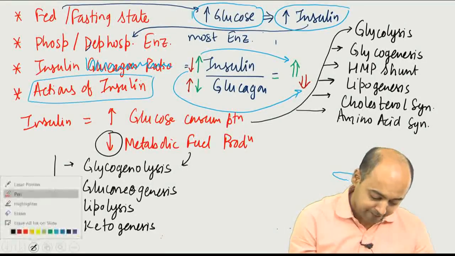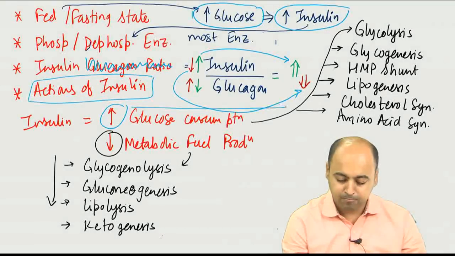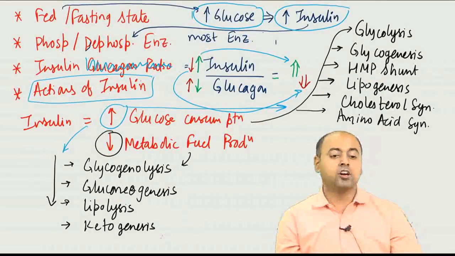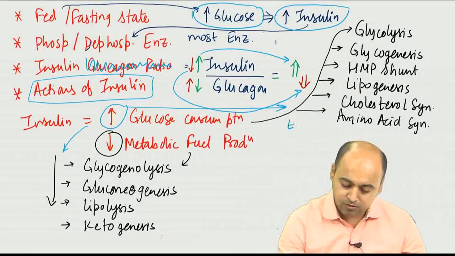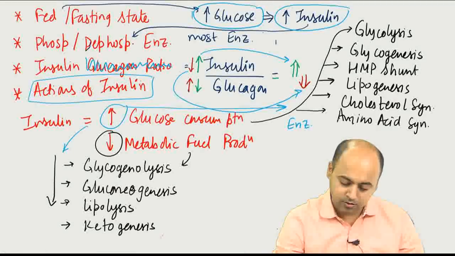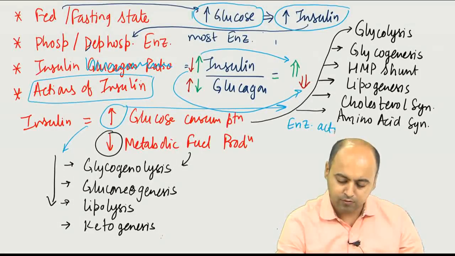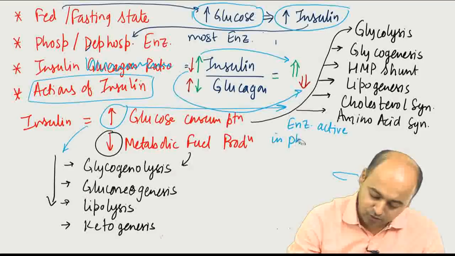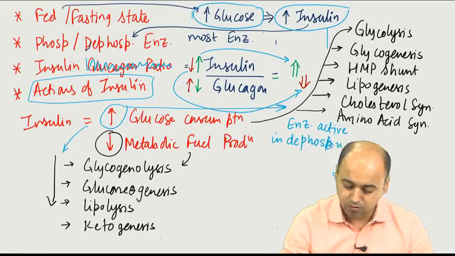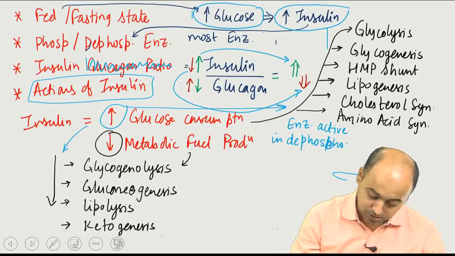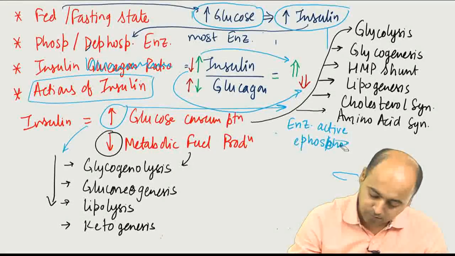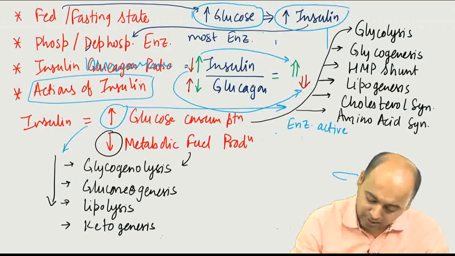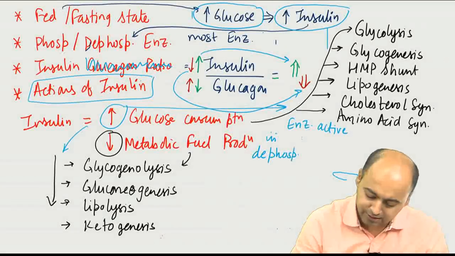What this means, the insulin will activate all these pathways. The insulin will inhibit or downregulate all these pathways. In all these pathways, the enzyme is active in dephosphorylated form.